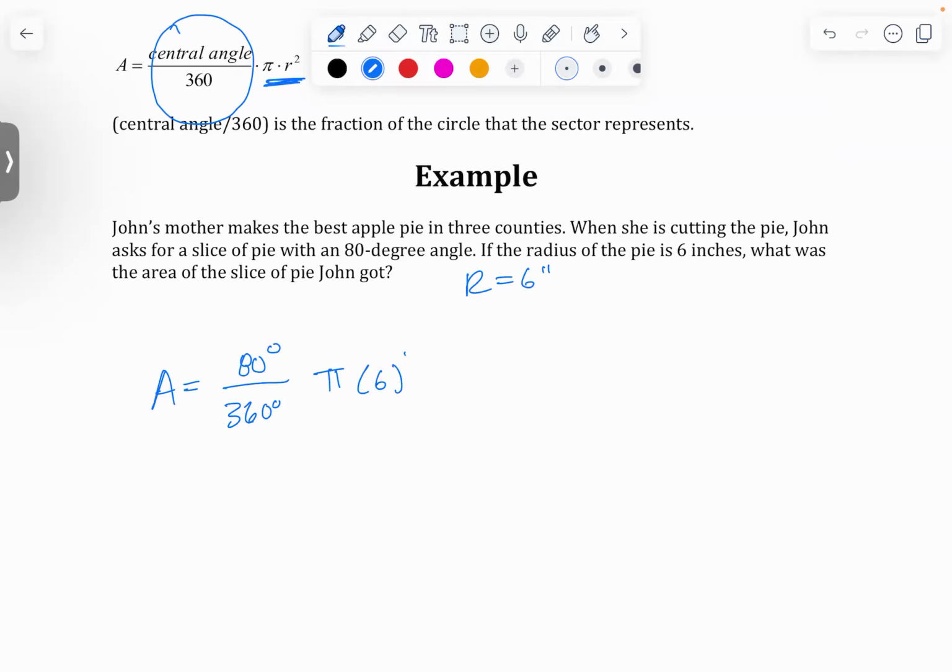Pi times 6 squared, and then we can solve that down, which gives us 25.13 square inches.